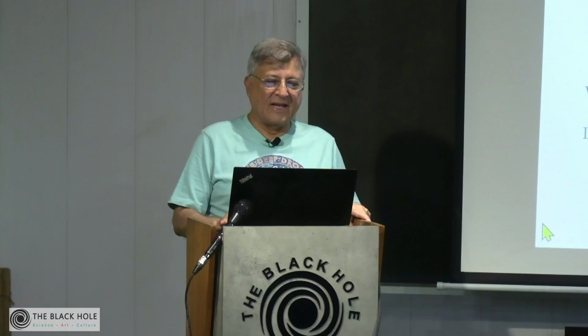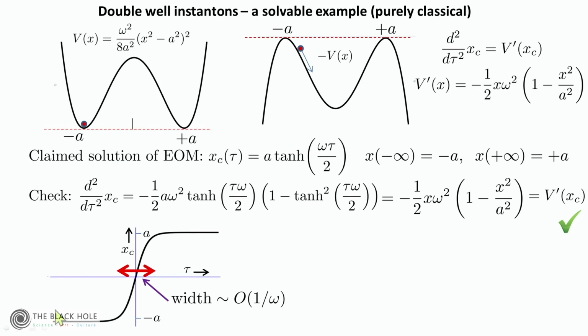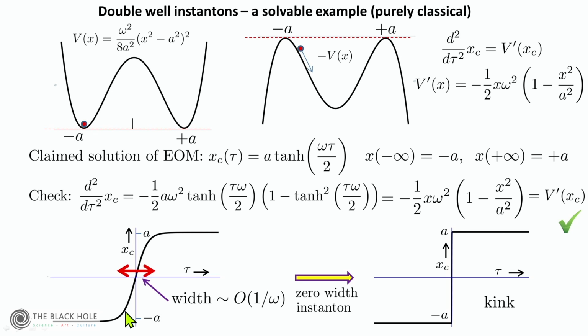Okay, so let me go to a nicer graph. Let me go here. So here I have something that goes up. Now, what if there was an anti-instanton that took it down over there?